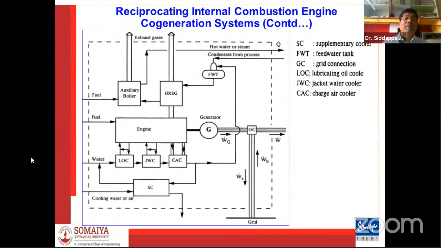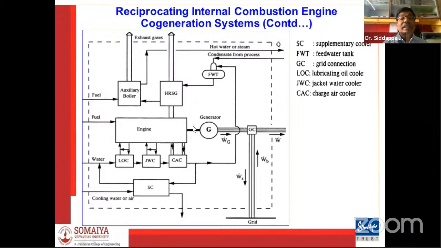For example, there is a primary fuel supply to the engine, and from the engine the power output comes out. The shaft power of the engine is utilized to run the generator, and the generator produces power, which is used for different applications.